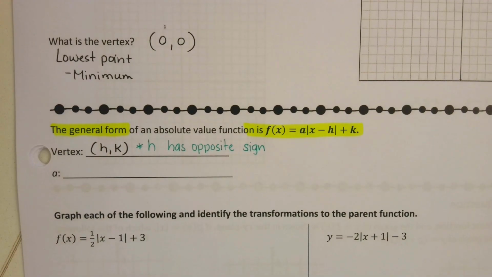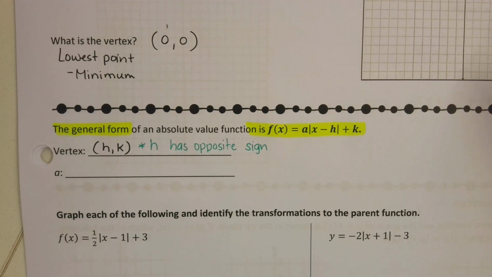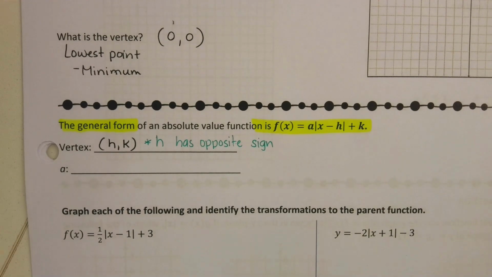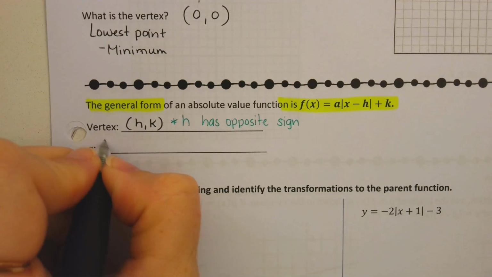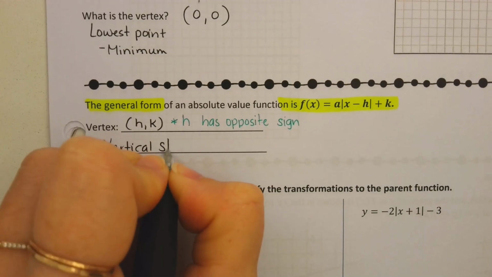Okay. The A value actually can do lots of things. Based on the A number itself, it's going to be what's called either a vertical stretch, where the V shape gets narrower, or a vertical compression, where it gets wider. So that's the first possibility, vertical stretch or compression.